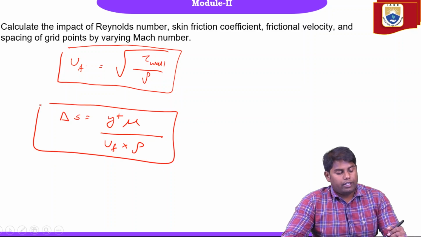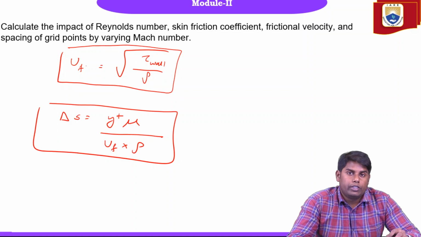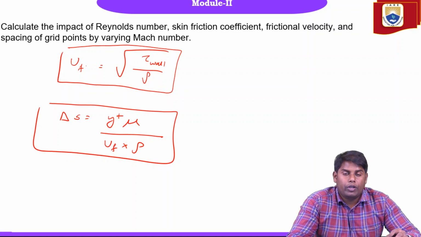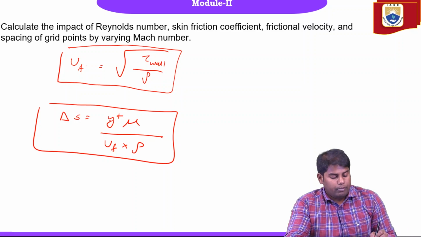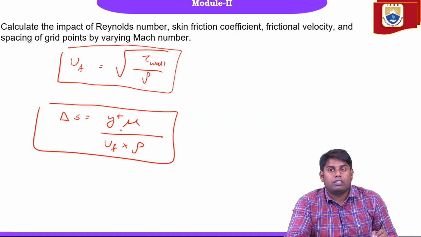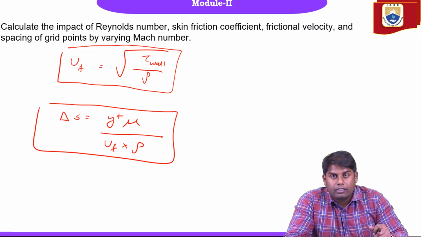So here what is happening? The value of uf shows a big impact on the spacing. Observe this term clearly. This y plus is a non-dimensional number, which is the spacing between the grid points based on the profile.